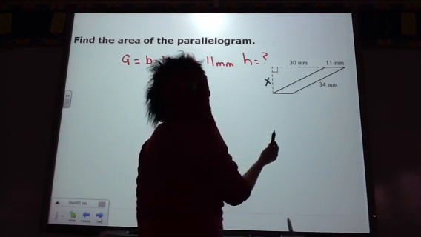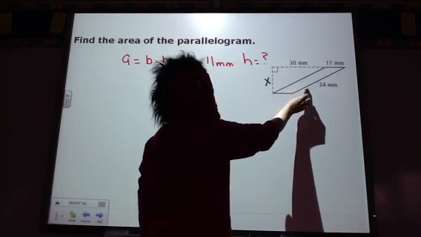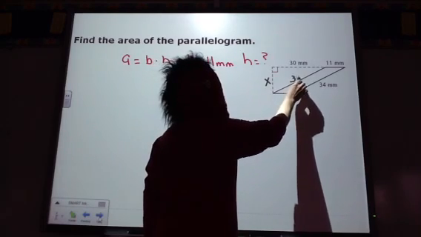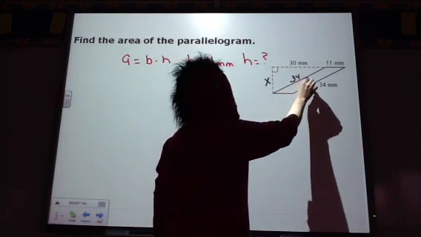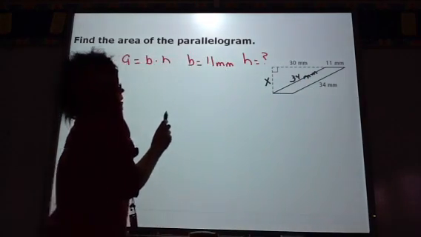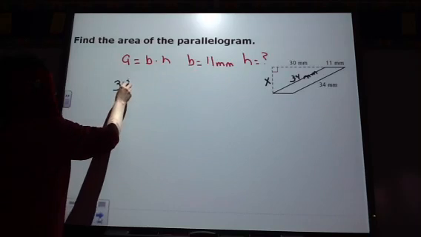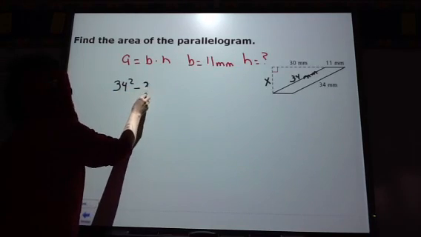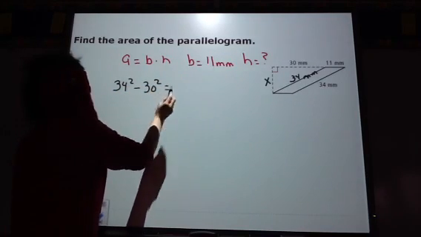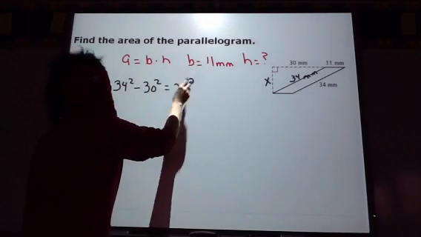Well, by the definition of a parallelogram, the parallel sides are congruent. So this side right here is also 34 millimeters. So what we can do is use the Pythagorean theorem: take your hypotenuse and square it and subtract one of the legs squared to find the second leg.